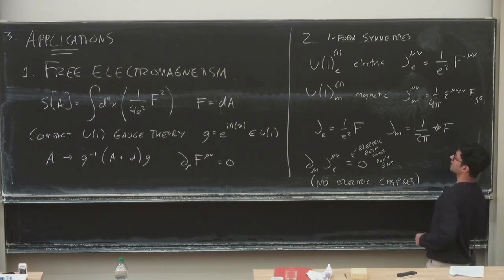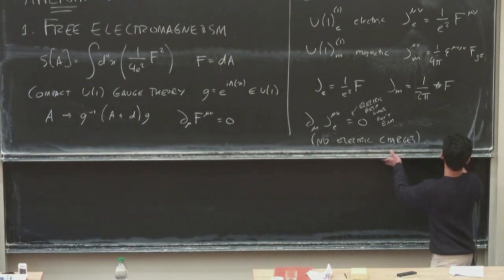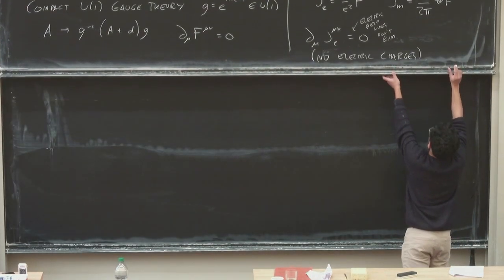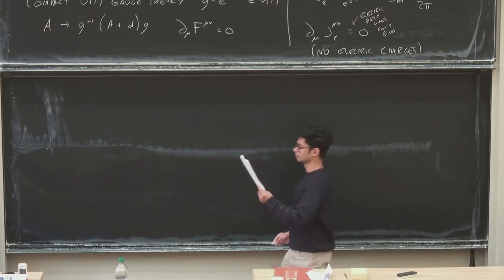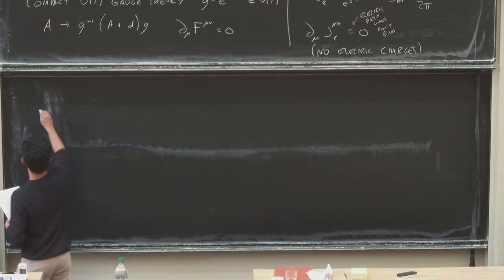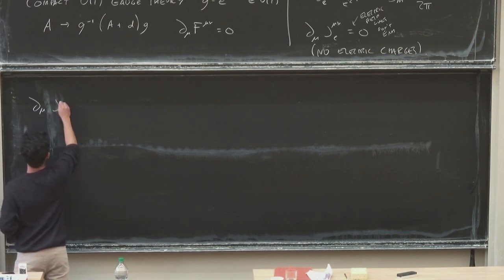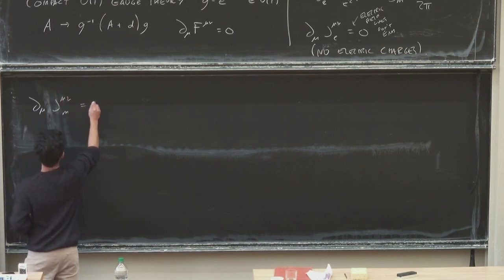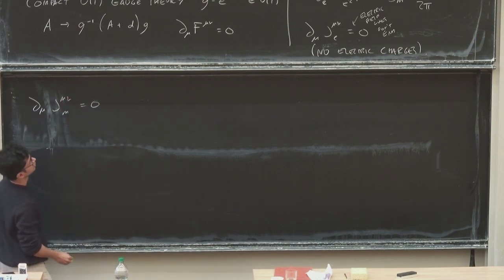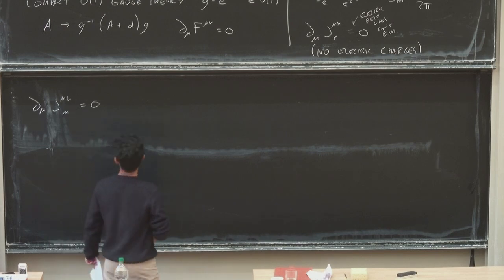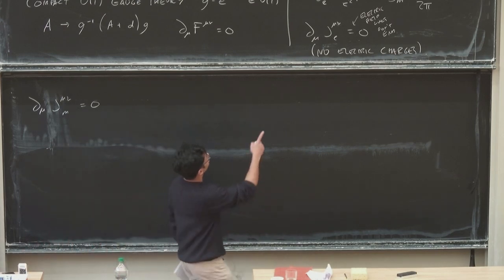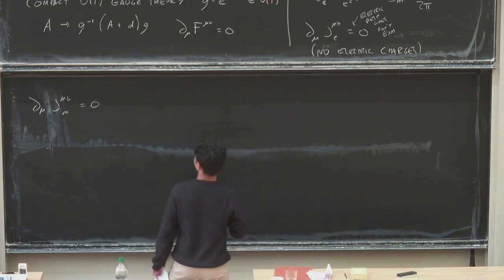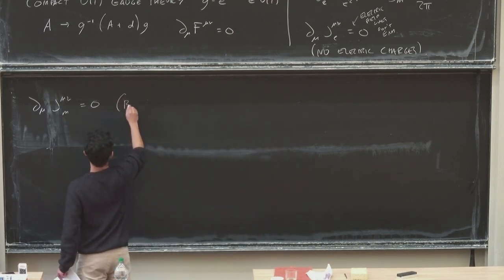And now how about the magnetic one? It's also true that ∂_μ J^{μν} magnetic equals 0. This does not require the equations of motion. This just follows from the Bianchi identity.